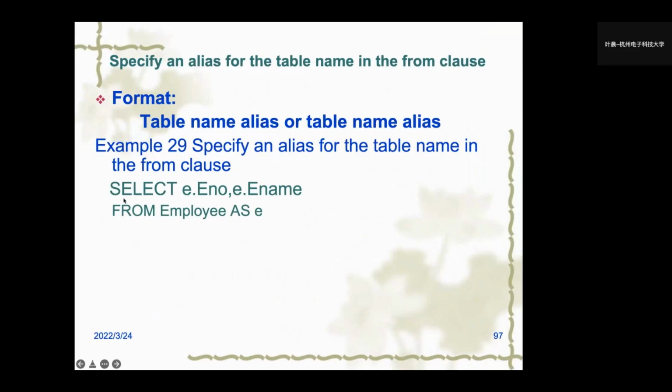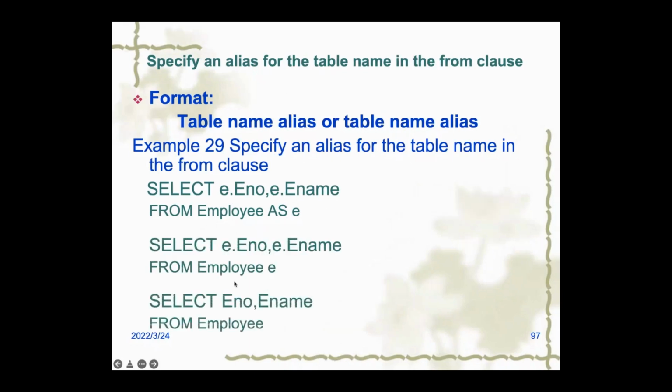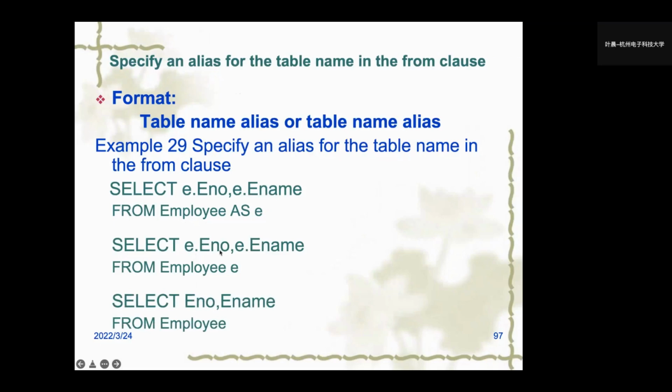Here we can use select name from employee as E. Here we use this to represent that we give a name E to the table employee. We can also use select name from employee E. So here you can just omit the as.